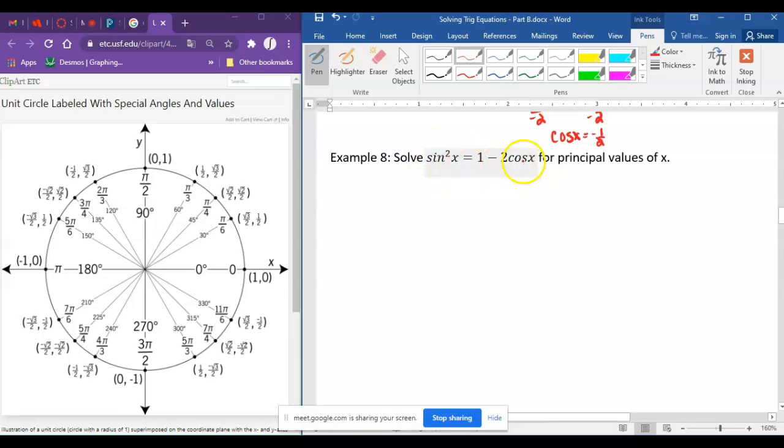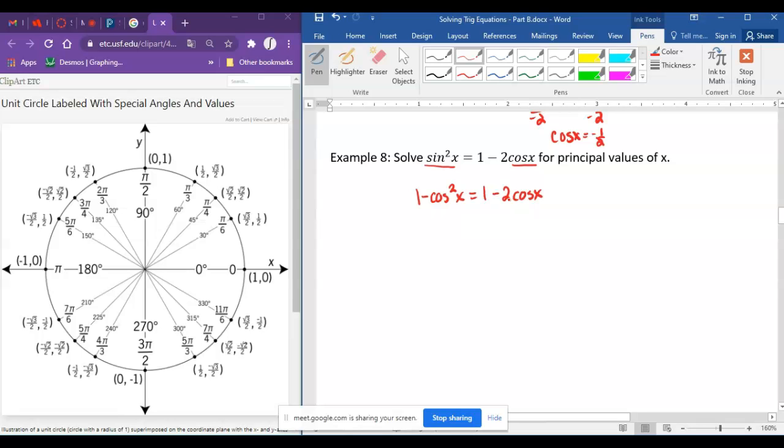So notice here we've got sine squared and we've got cosine. The cosine is not squared, so we cannot change it, but we could change the sine squared. So that's going to be 1 minus cosine squared x. And it's going to equal 1 minus 2 cosine x.